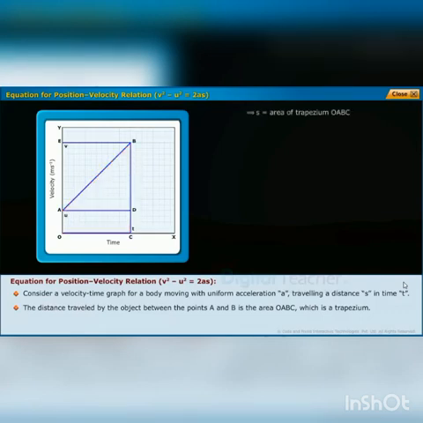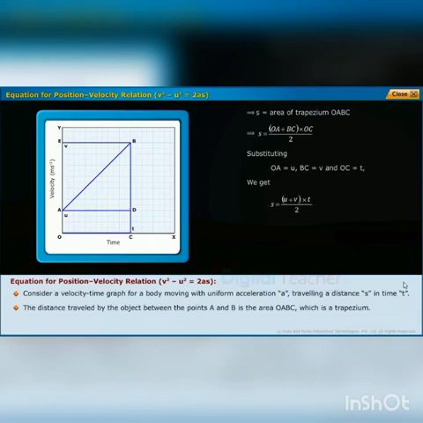That implies S equals the area of trapezium OABC. S equals OA plus BC into OC by 2. Substituting OA equals U, BC equals V and OC equals T, we get S equals U plus V into T by 2.